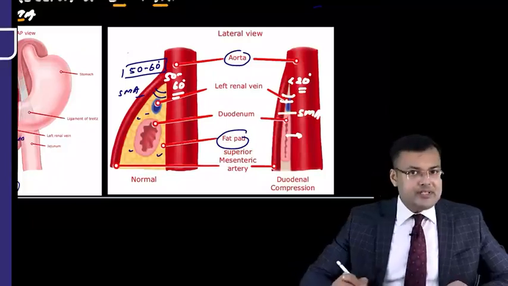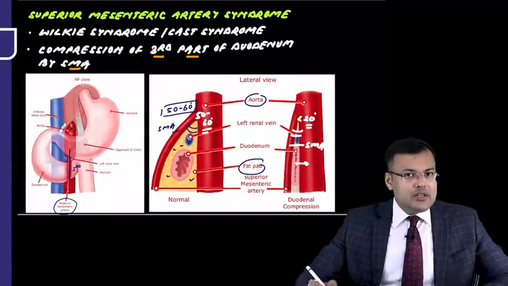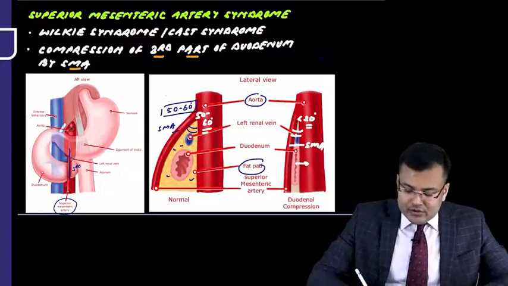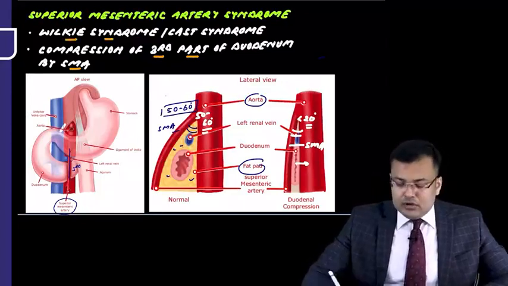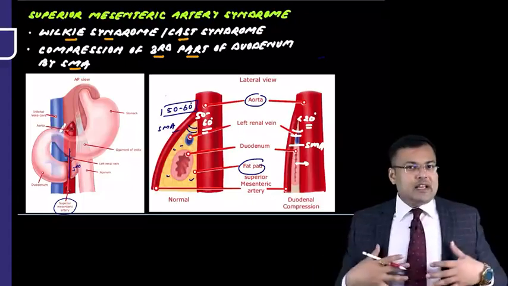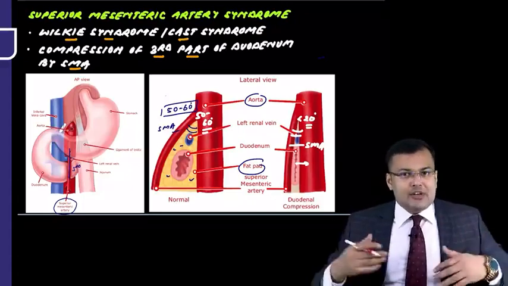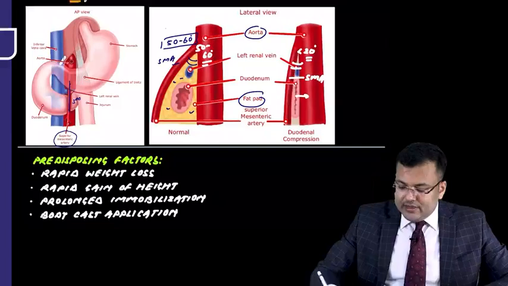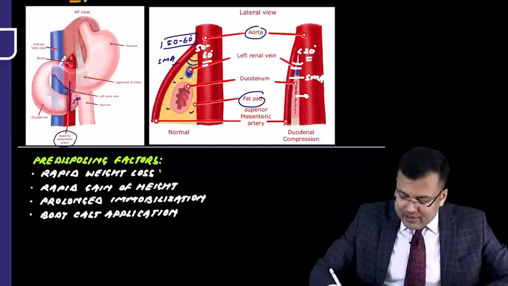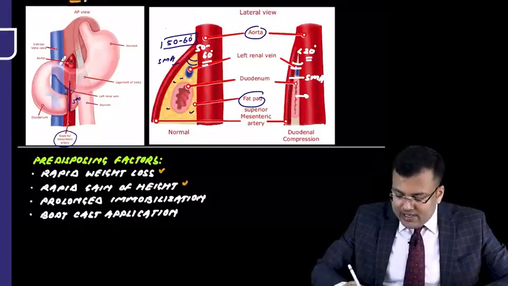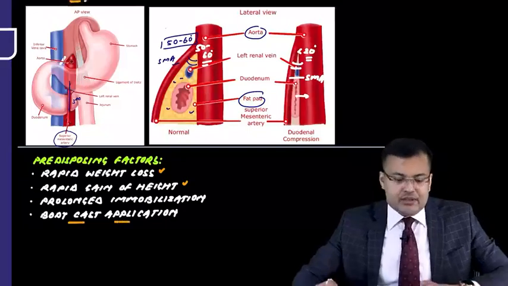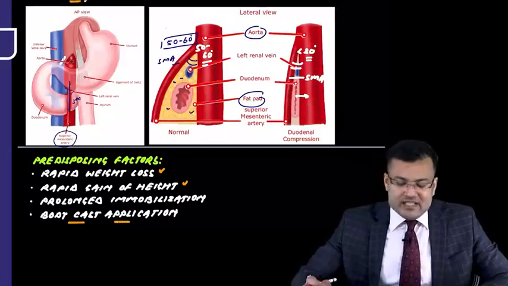So this is superior mesenteric artery syndrome. What are the other names? It is also known as Wilkie syndrome, also known as cast syndrome, because it can manifest after application of body cast. Anything in which there is loss of fat pad, like rapid weight loss, rapid gain of height, prolonged immobilization, or body cast application, can lead to superior mesenteric artery syndrome.